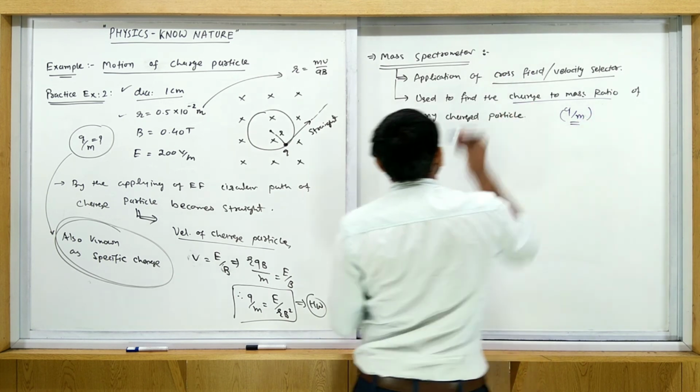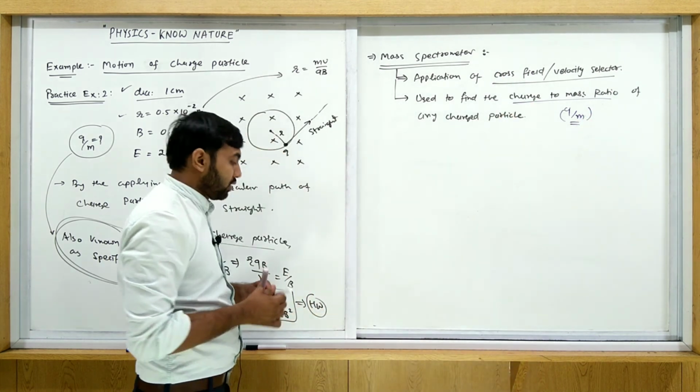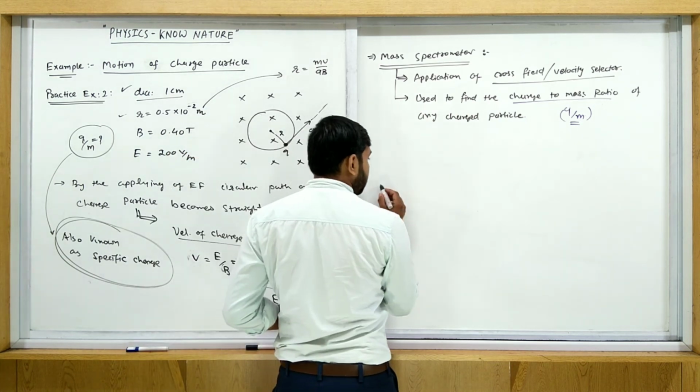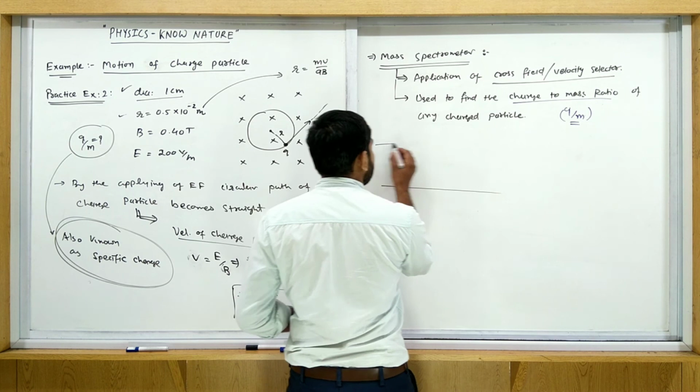Then this device is used. Mass spectrometer is used. How is the mass spectrometer formed first? So this mass spectrometer is formed in this way. See.